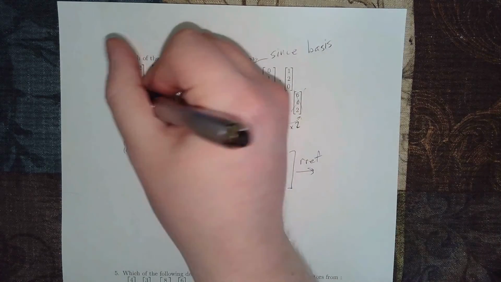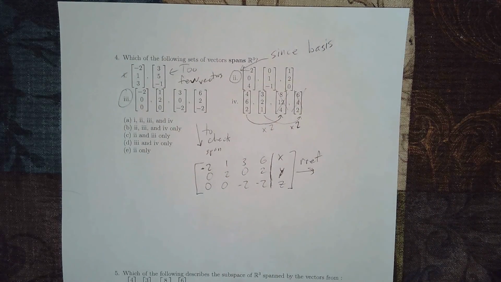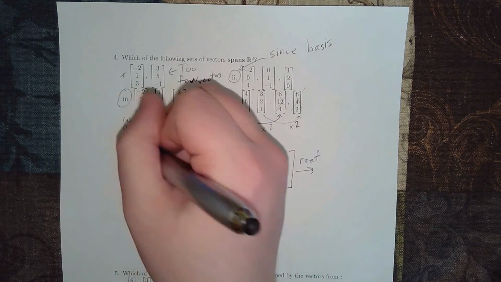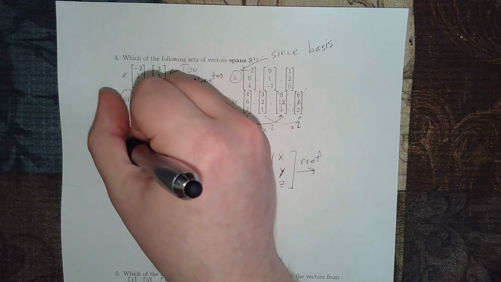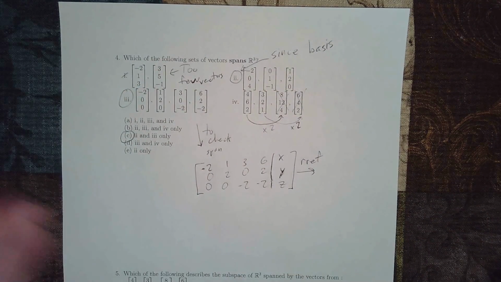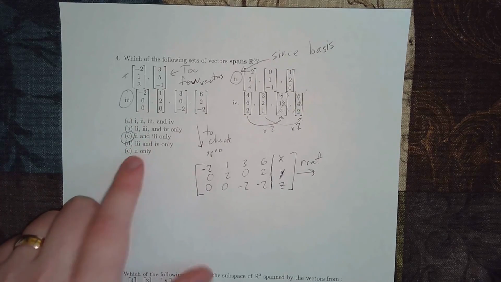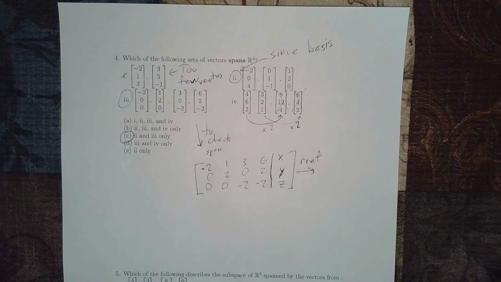And what we'll see is that this ends up being a spanning set as well. So here it ends up being that both 2 and 3 are going to be spanning sets.